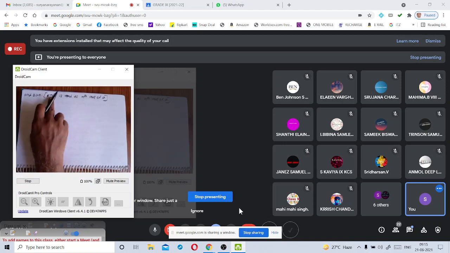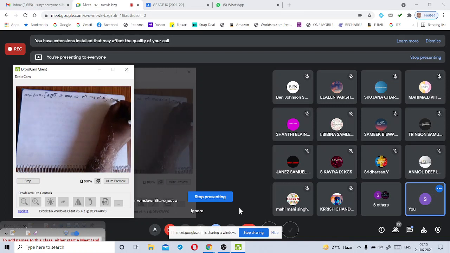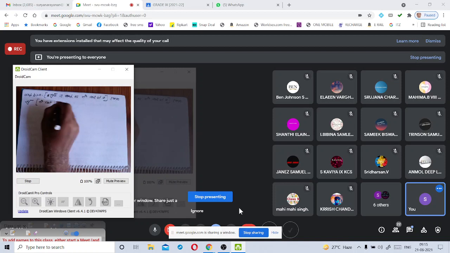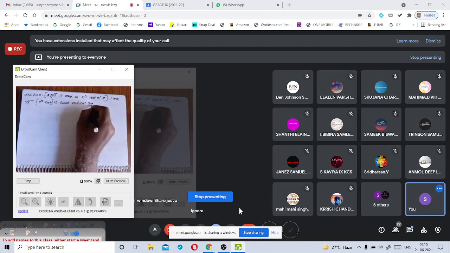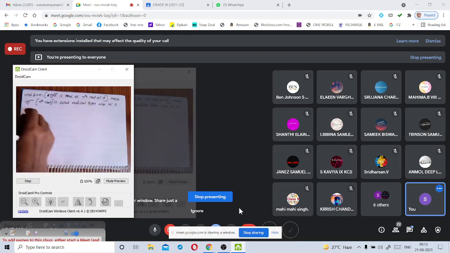And this nth root symbol is called the radical sign. And a is called the radicand.